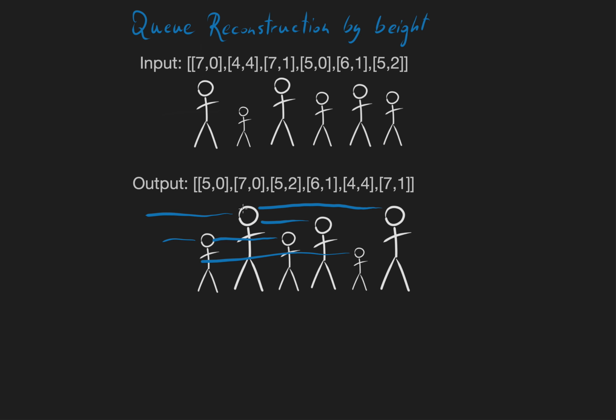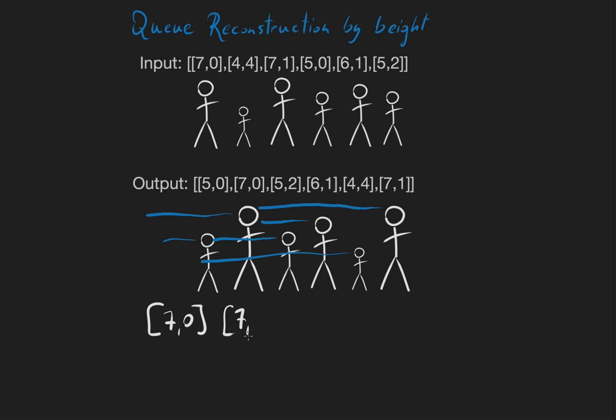If we look at the people, the question basically boils down to needing some sort of sorting, right? So let's say we first sort the people by height, the tallest one first, and you'll see what actually happens here.